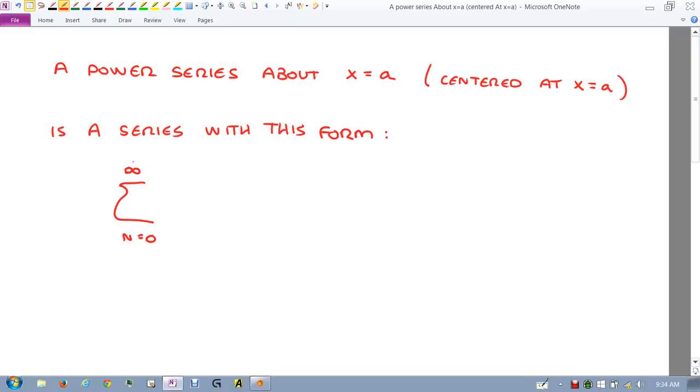We could always shift everything around by changing the sequence function itself, adjusting it to compensate for shifting it over 1 on the index. So that's not a big deal. We want to include 0 though because of the factorials. We want 0 factorial to come into play with power series. And then c sub n times x minus a to the n. That is it.